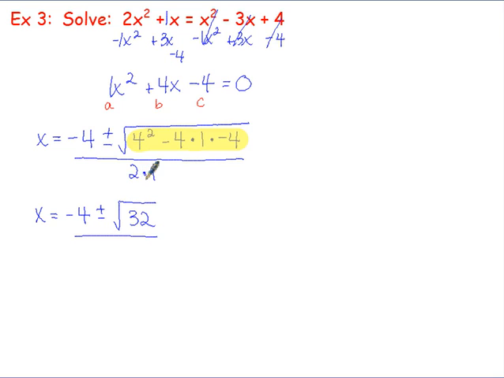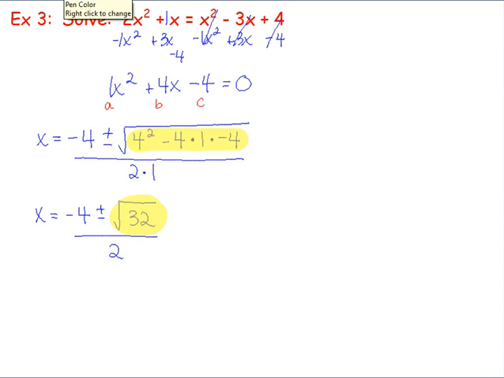Over 2 times 1 is 2. Now, type this into your calculator with the square root, and do you get a nice number? And the answer is no. This time you get 5 point something. This is where we are not allowed to round. So, we're going to do some side work.